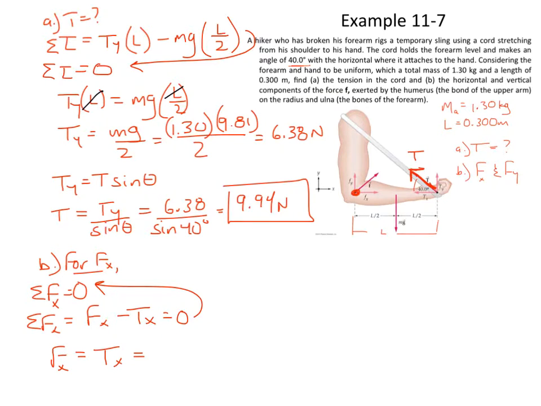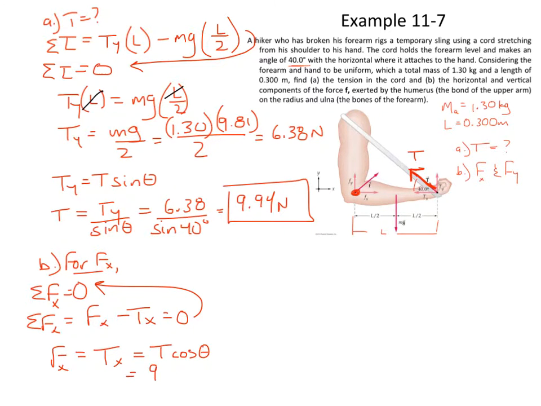And Tx, well, we know what T is. We know what Ty is as well, but Tx is T cosine theta, so that's going to be 9.94 times the cosine of 40 degrees. In fact, I'm going to save some space. I'm going to write it down below. Squeeze it in there a little bit.